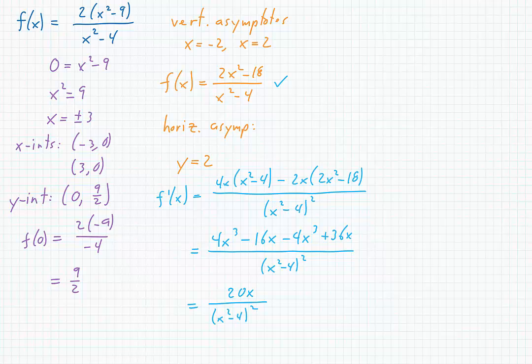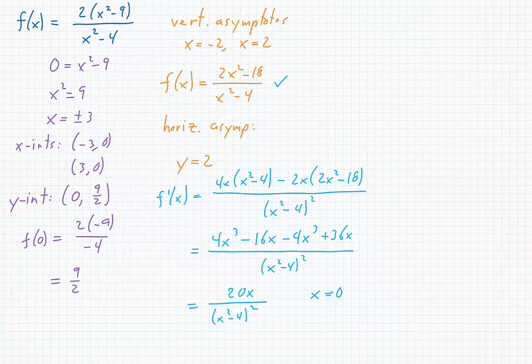So when we look at this and consider the top, we're going to find that we have a critical number at x equal to 0. This thing also is undefined when x is plus or minus 2, but we've already discovered those numbers. They're not in the domain, so we'll ignore them as critical numbers, but we'll remember that they show up as vertical asymptotes.